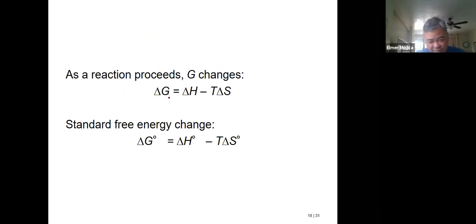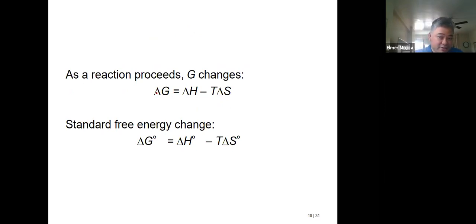So a change in Gibbs free energy is equal to the change in enthalpy minus T times delta S, or you can have it in terms of standard free energy change. Standard Gibbs free energy equals standard enthalpy minus temperature times change in standard entropy.